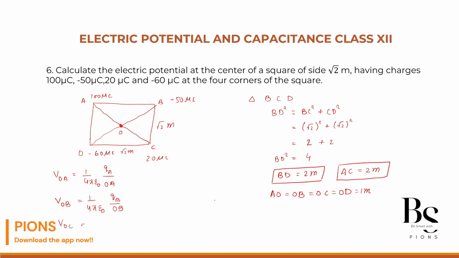VOC, 1 by 4 pi epsilon naught, charge at C upon OC. Finally, potential at O due to D will be 1 by 4 pi epsilon naught, charge at D upon OD or DO, whatever you want to write. Clear? Great.